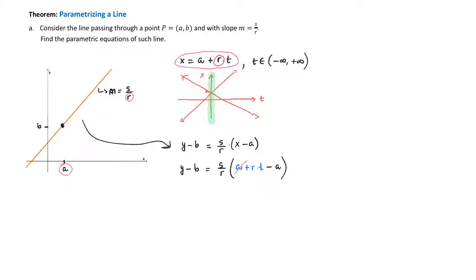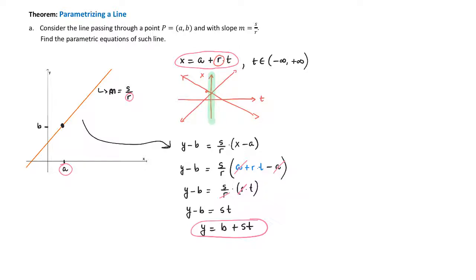Notice how the a's will cancel out, and I am going to have y minus b equals s over r times rt. Nicely, r's will cancel, and I am going to have y minus b equals st. So y will be b plus st. And here is the expression for y.